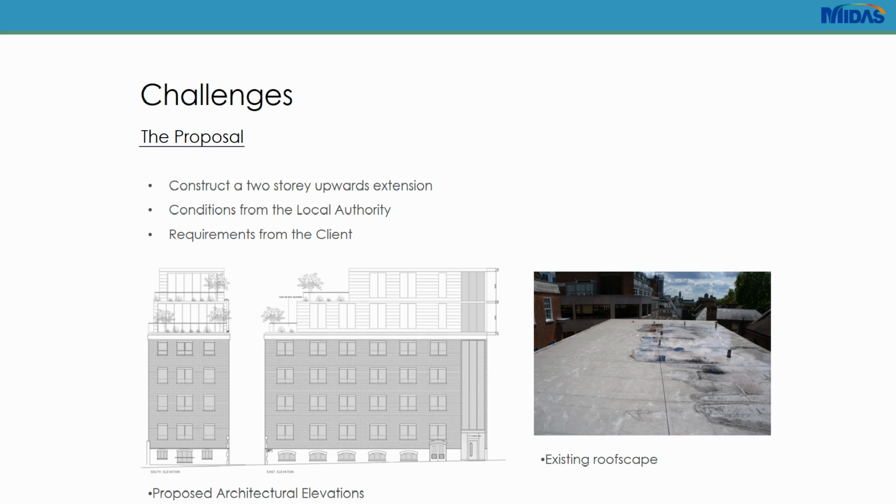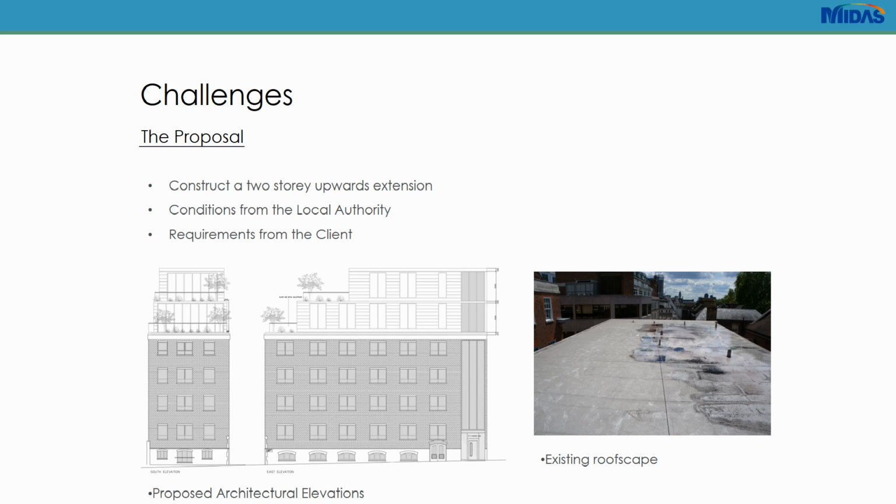Many conditions come from local authorities, such as the looks of such an extension, and how this affects the environment. Also, a poll has been created for the neighbors, asking about the future building, and their opinion and requirements have been taken into account as well.